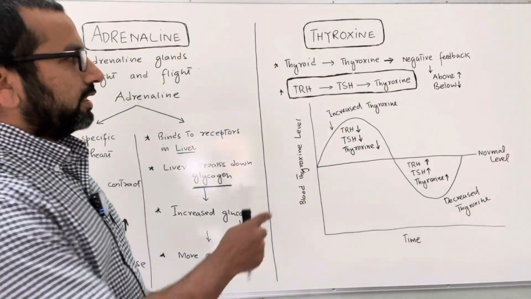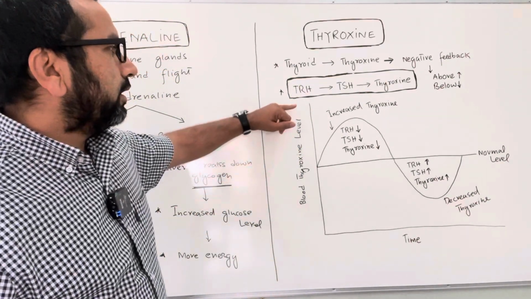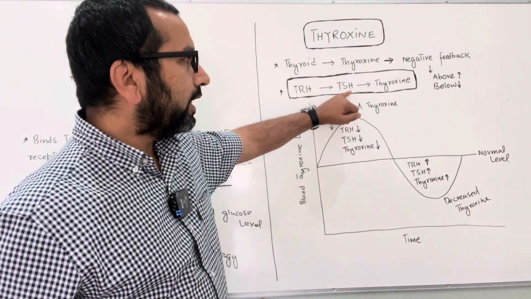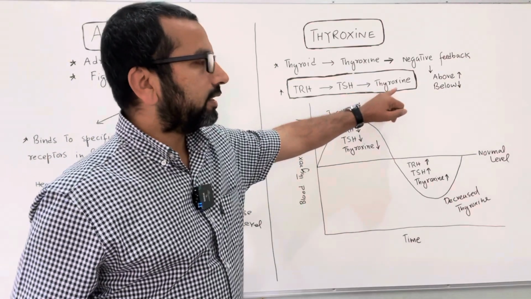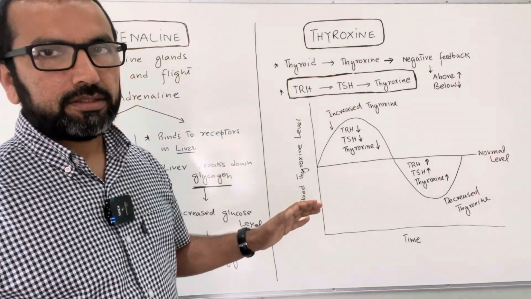So the hypothalamus produces the first hormone, the pituitary gland produces the second hormone, and thyroxine is produced by the thyroid gland.